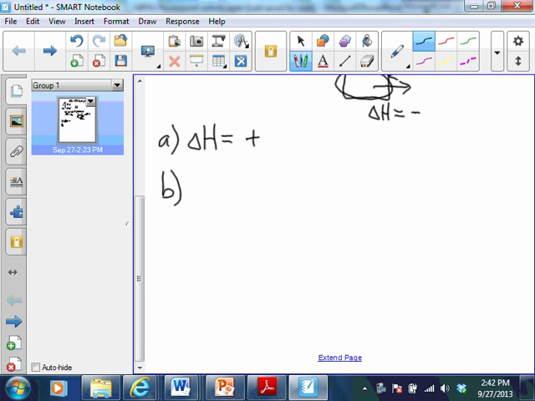So the system is losing heat to the surroundings. So that's a negative delta H. Just general rule of thumb, combustion reactions will have a negative delta H. Okay? I can't really think of any exceptions to that. Okay, so that's 5.3. Not too difficult, right? We should be able to handle that.